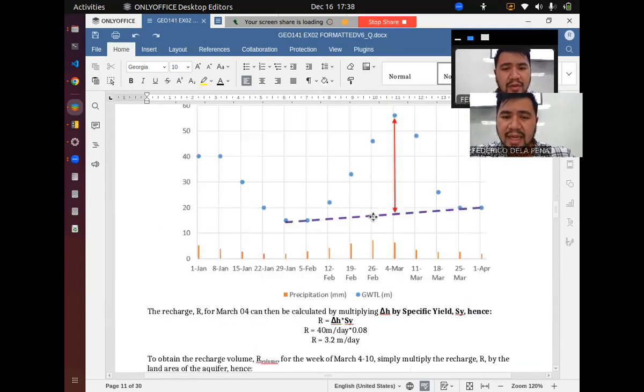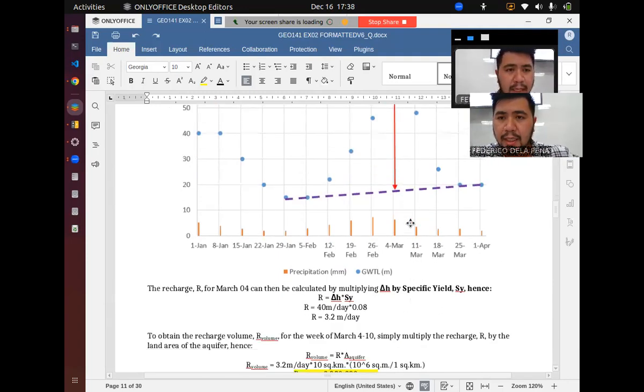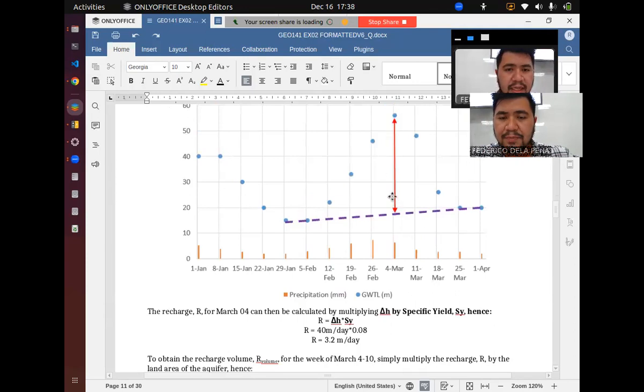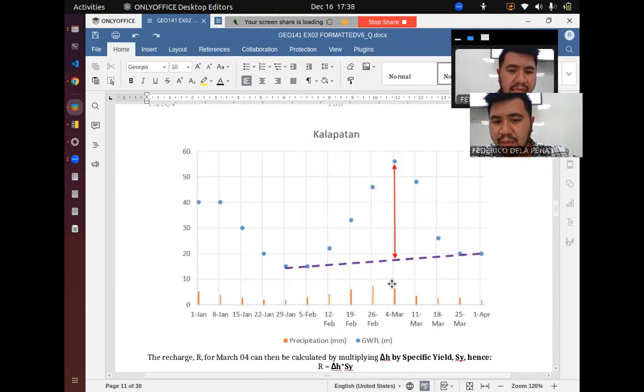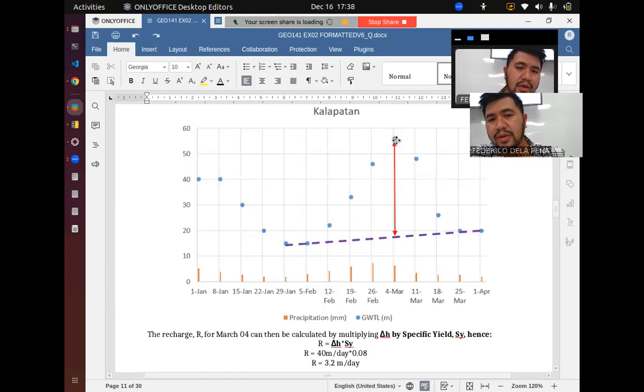And then, to measure the recharge on a given day, you can basically just look at the spike, no? So let's say gusto mo malaman yung recharge ng March 4, you can just measure this height difference between the baseline water table and the groundwater level during that day.